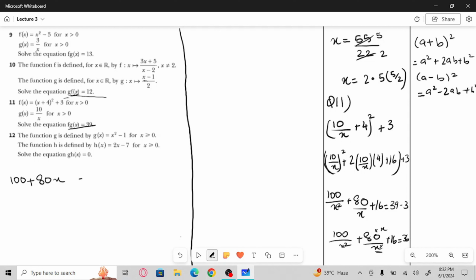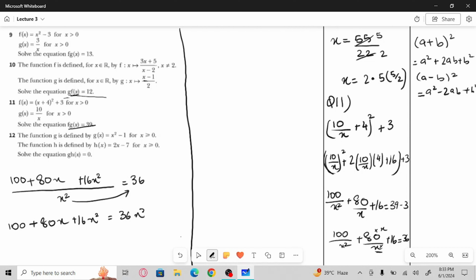So 80x plus 16x squared upon x squared is equal to 36, and we are going to multiply it here as it's dividing here. 100 plus 80x plus 16x squared is equal to 36x squared.